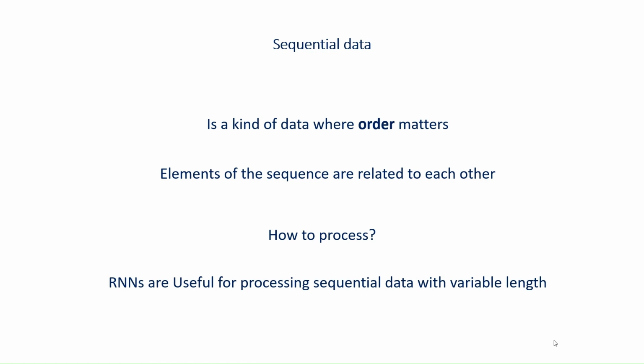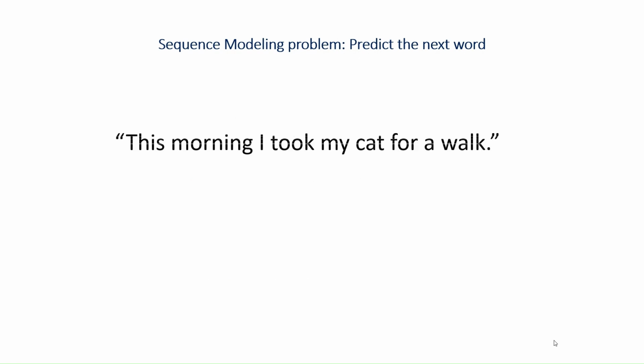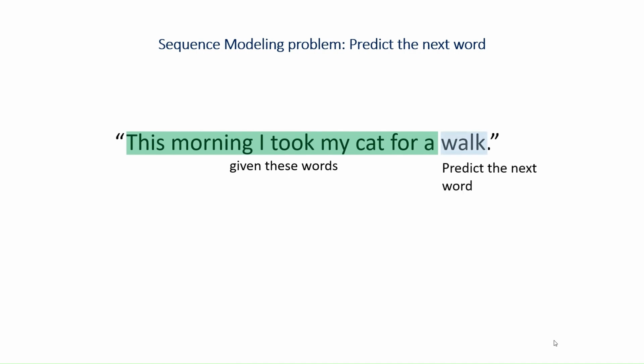Let's see an example. We are thinking of training a neural network to predict the next word in a sentence. For example: this morning I took my cat for a walk. Given these words, your model needs to predict the next word in the sequence, that is, walk.